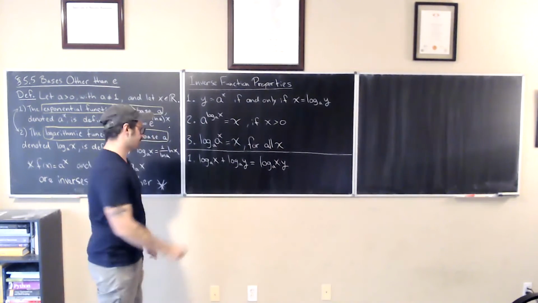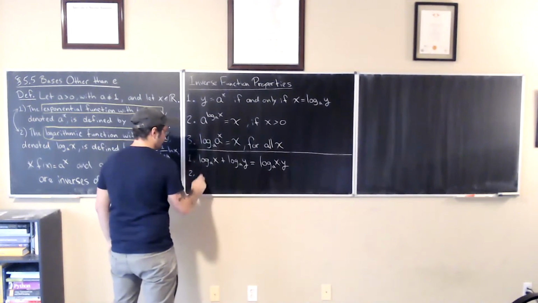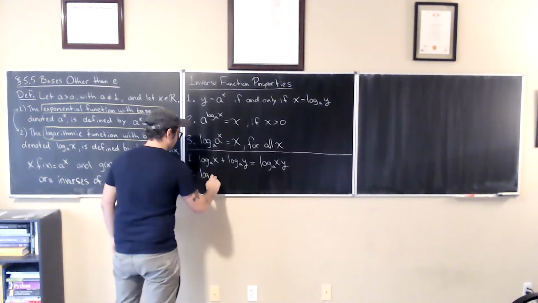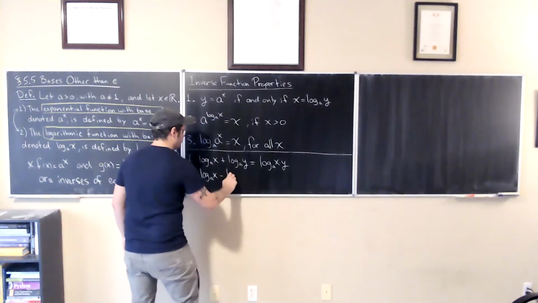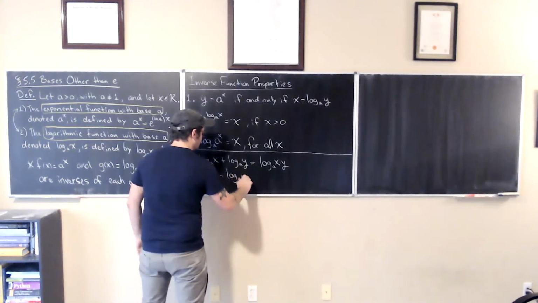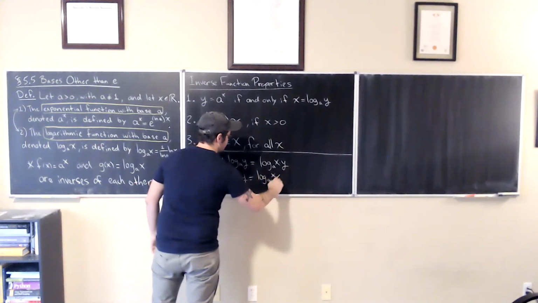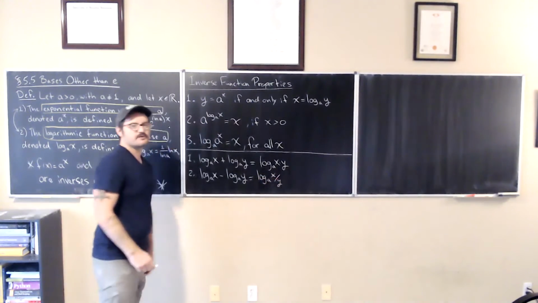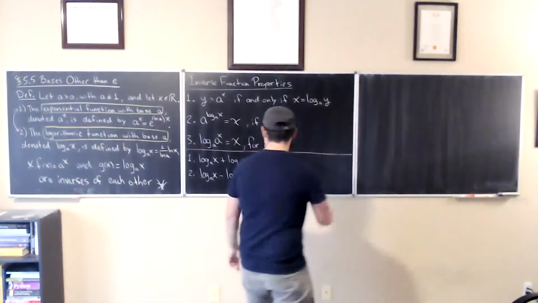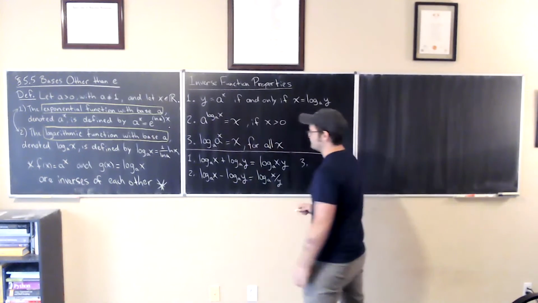Right? And similarly, if you have log base a of x minus log base a of y, this is log base a of x over y, and y is not equal to 0. That's the other one.